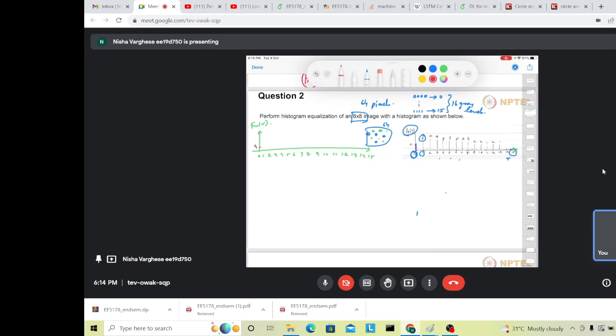Then at 1 you have 4 plus 6, 10. Then at 2, 4 plus 6 plus 10, 20. Then you have 29, 37, 43, 48, 52, 56 etc. up to 64. So you have F_R of R.